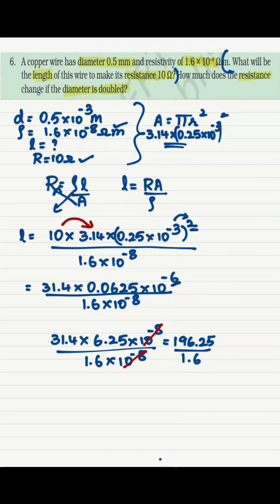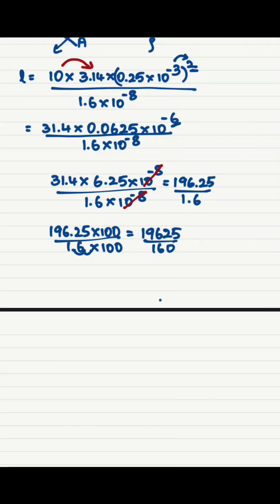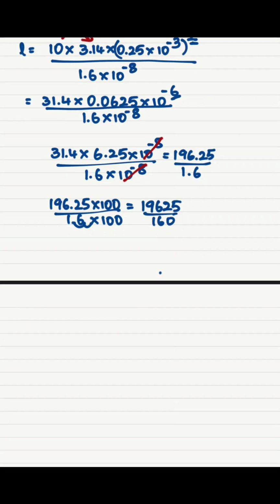Now for easy simplification, I'll make it a whole number by multiplying 100 on both sides. So 196.25 into 100 divided by 1.6 into 100. Whatever we are doing in the denominator, the same thing we multiply in the numerator. So we'll get 19,625 divided by 160. I can simplify this by, yes, 5.